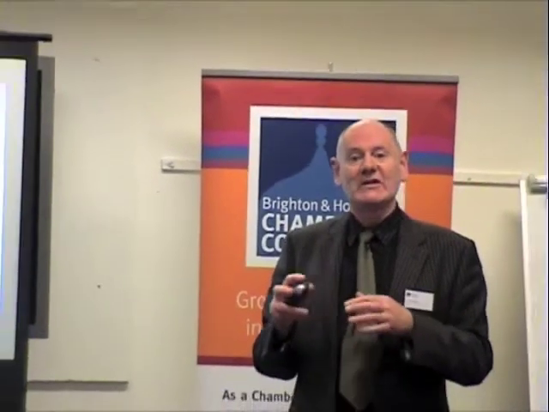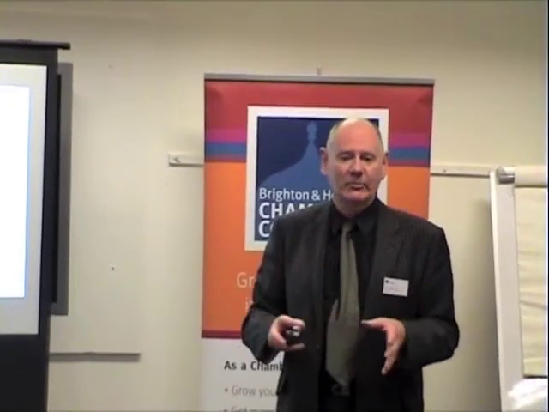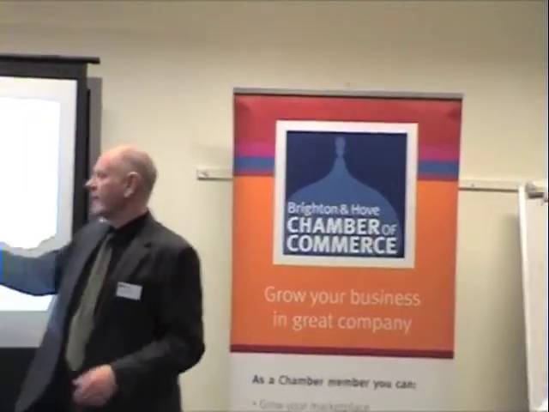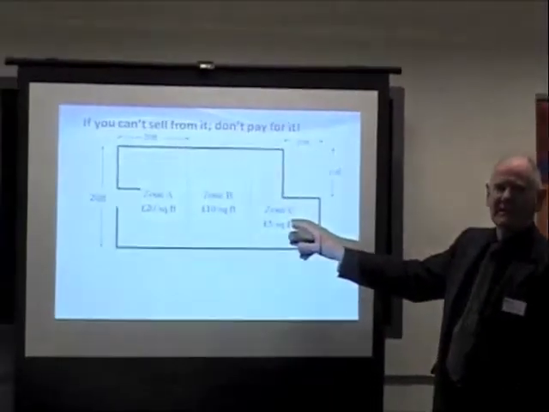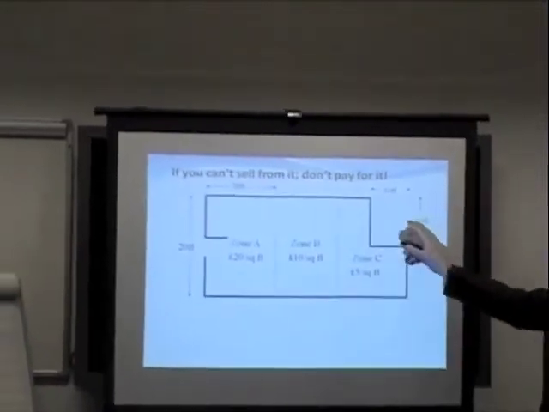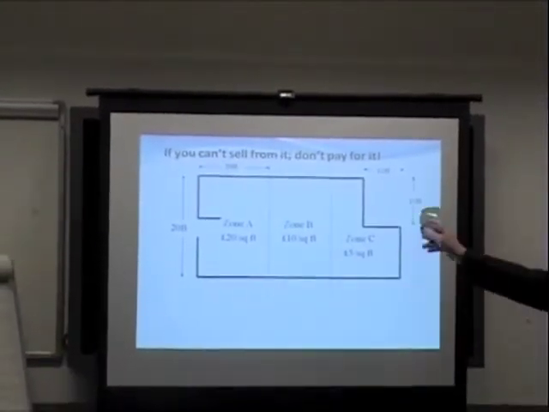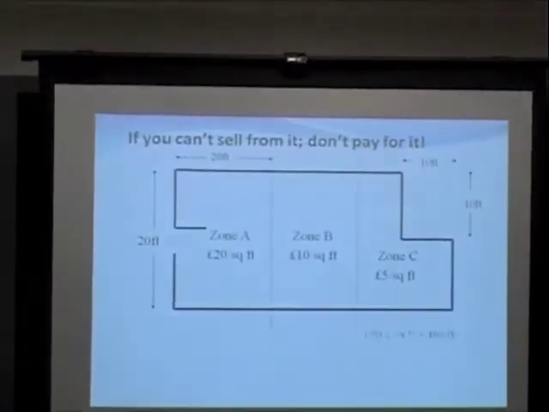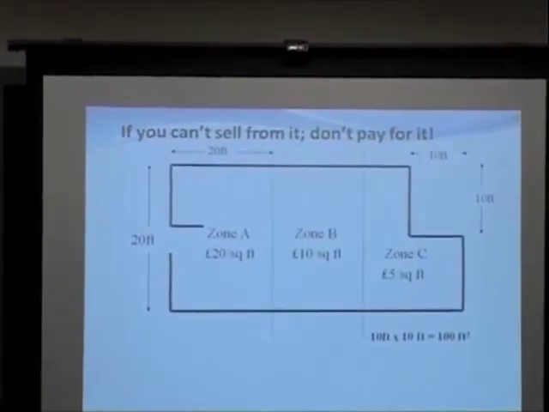Now, there is one thing, though, that works to your advantage. Basically, if you can't sell from the space inside your shop, then you don't pay for it. So here, for instance, we've got a shop that's got the zone A, the zone B, but the zone C at the back has got a great big piece cut out of it. Well, you don't pay for that. So what you would do, quite simply, is deduct that from the total area.